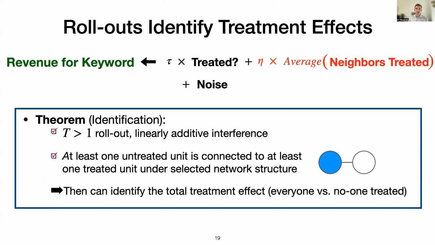That is, we need to be able to see at some point how an untreated unit reacts to interference, and that will allow us to extrapolate their outcomes to different treatment exposures. This result is essentially saying that if we observe this kind of variation, then we have enough information to compute a total treatment effect.